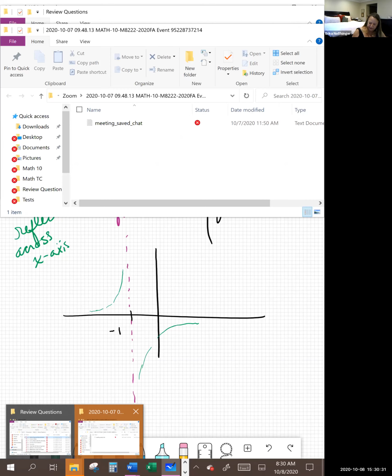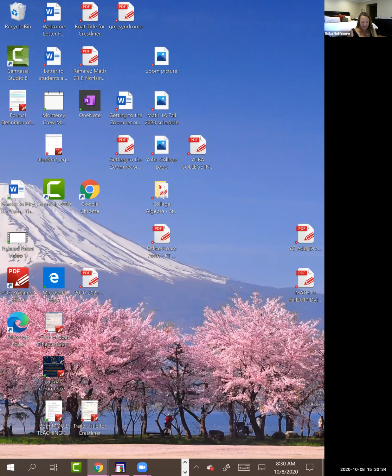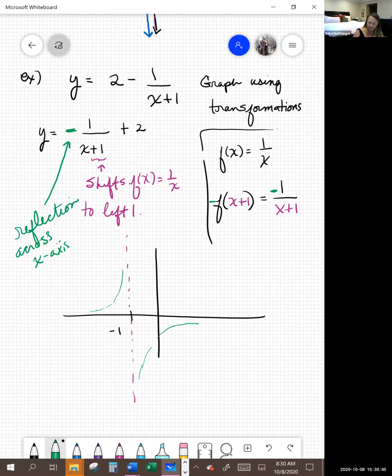But then we're adding 2 to it. So that plus 2 is going to shift it up 2 units.